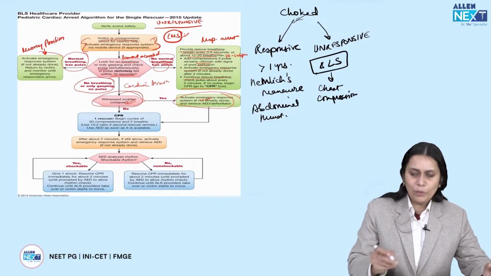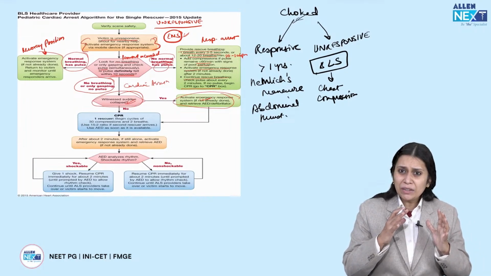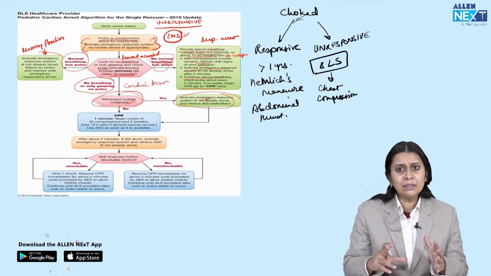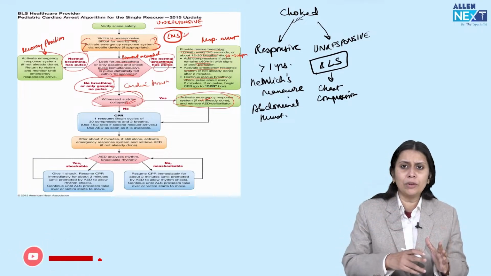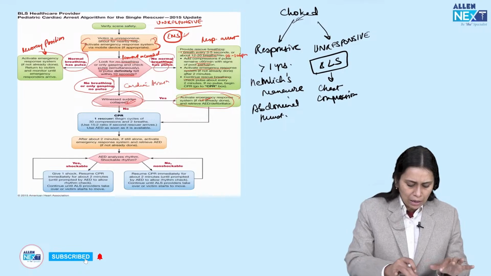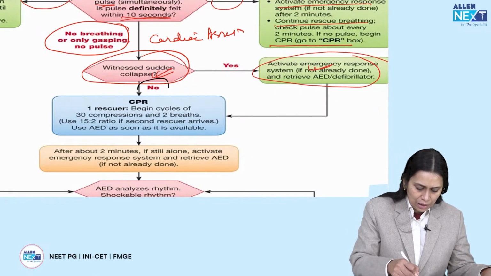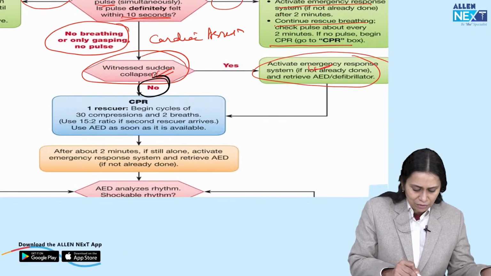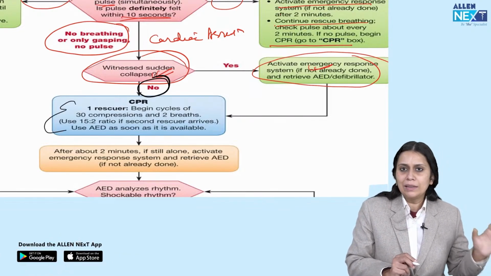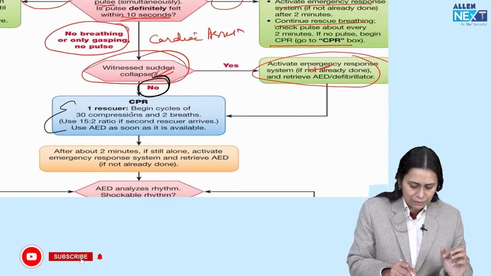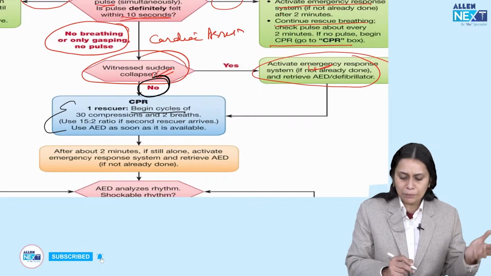Okay? So when someone is alone and if it is a witnessed arrest, in case of children, you always call for help and then come for resuscitation. If it is an unwitnessed arrest, then we begin the cycle of 30 compressions and 2 ventilations.